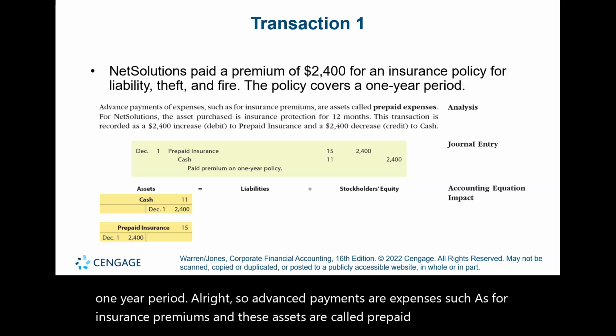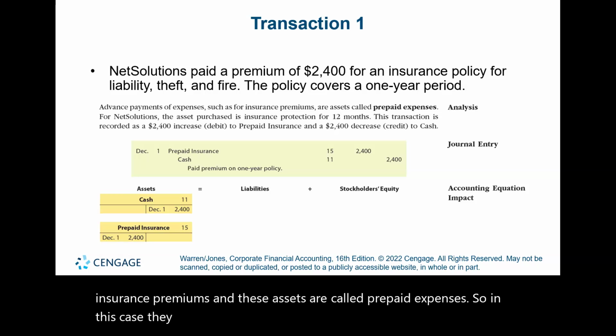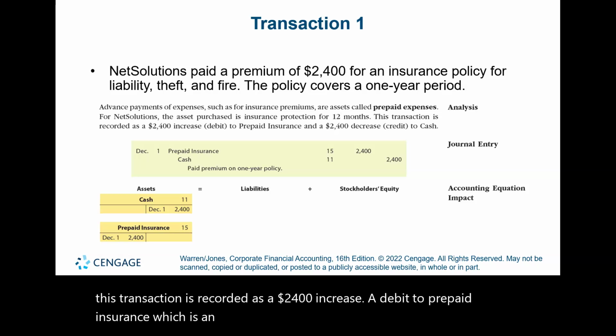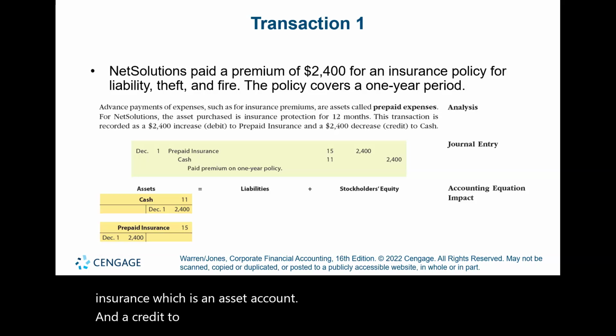So in this case, they purchase insurance protection for 12 months in advance. So this transaction is recorded as a $2,400 increase, a debit to prepaid insurance, which is an asset account, and a credit to cash because we're paying cash, therefore there's a decrease to our cash account.